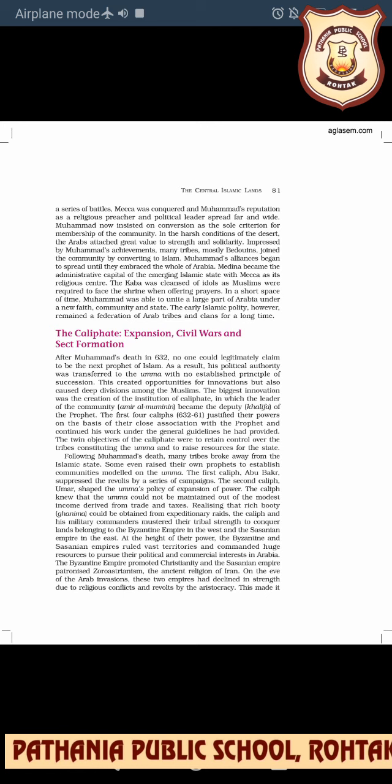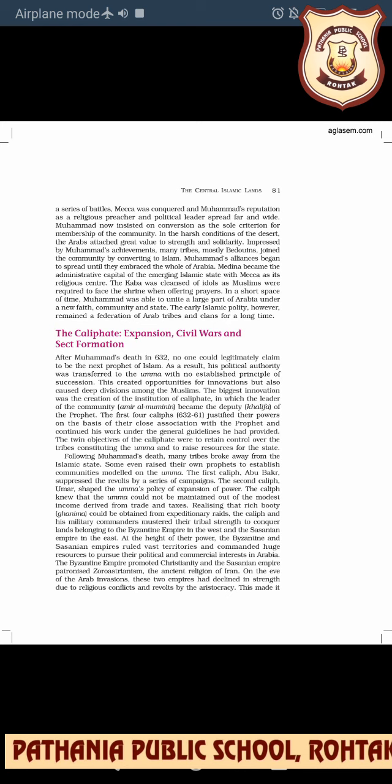It means, beta, our four khalifas, their working was according to the regulations that were given by Prophet Muhammad. And the twin objectives of the caliphate were to retain control over the tribes constituting the Ummah and to raise resources for the state.